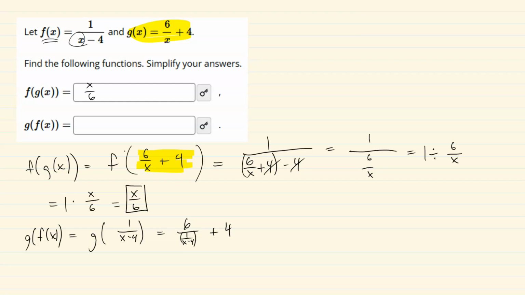So be careful with these fractions inside of fractions. It's similar to what I did before. The main fraction, we'll turn that into a division. So that's 6 divided by 1 over x minus 4. And we still have a plus 4 out in front. We're not dealing with that yet. So we have 6 multiplied by the reciprocal of that fraction that comes after, so that's x minus 4 divided by 1.